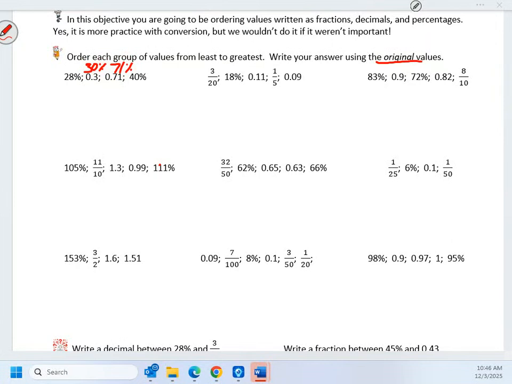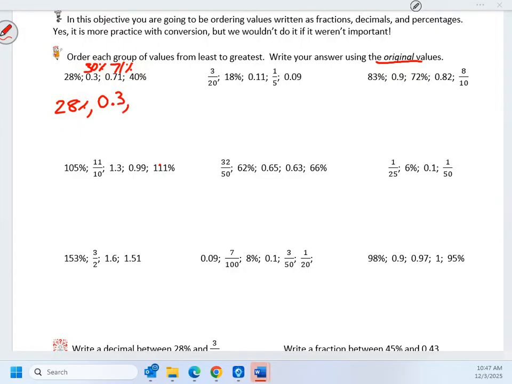Now I can put them in order from least to greatest. So what is my smallest percentage there? Jackson? 28%. 28%. What's going to come next? Evelyn? 30%. But am I going to write 30%? Yeah, I'm going to put it as that decimal because I need that original value. So she's right, 30% comes next, but I need to write the original value.